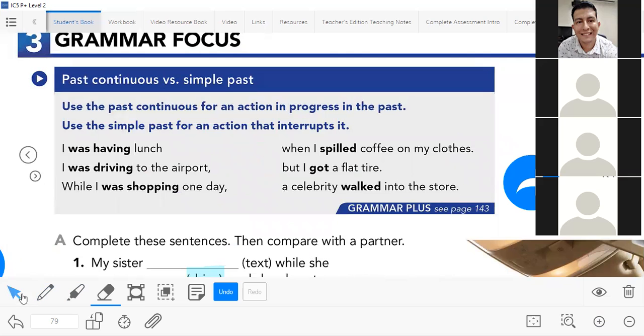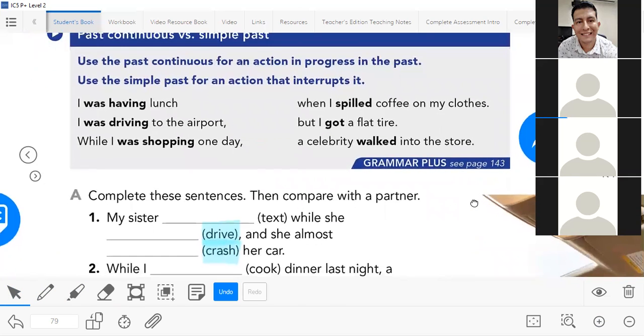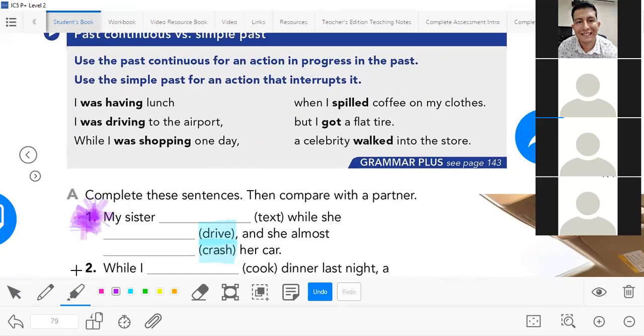Give me 1 second. You're looking at the examples. Can you say that one more time, please? My sister texted while she was driving and she almost crashed her car.